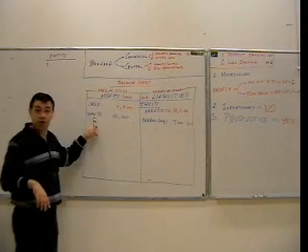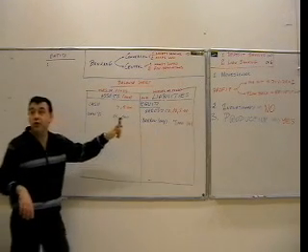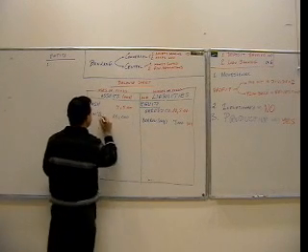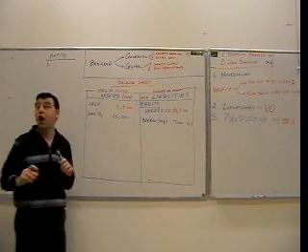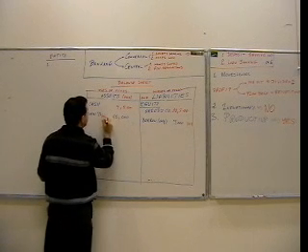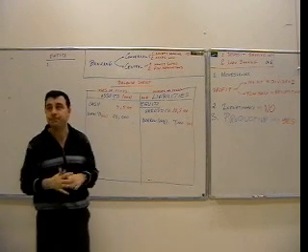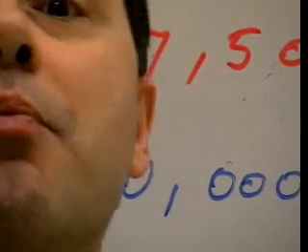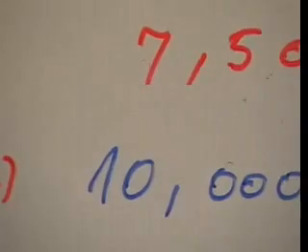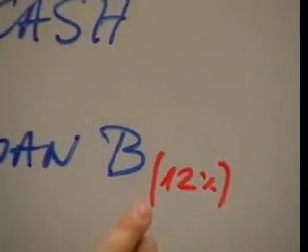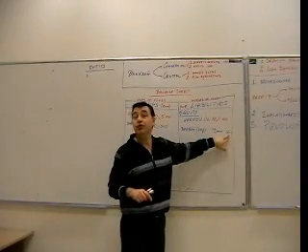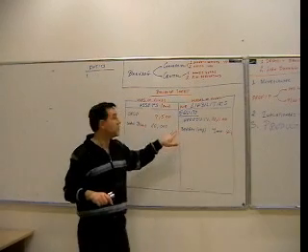Whoops, I forgot to mention here, 6% is what we borrow money at, and this we charge for loan B. We're greedy, so we charge a whole lot more, like 12%. Okay. So, the difference between the cost of borrowing and the cost of lending is called, come on guys, it's an important concept, interest rate differential.